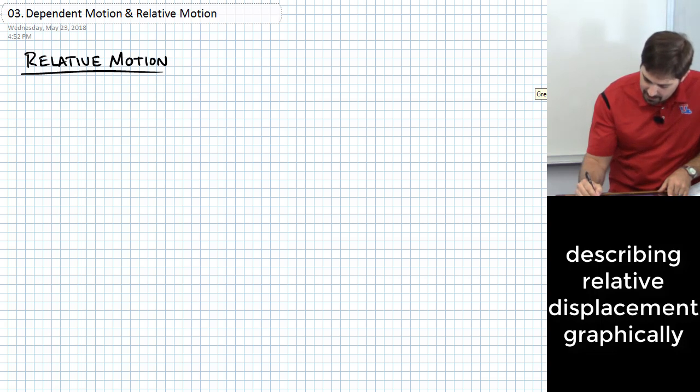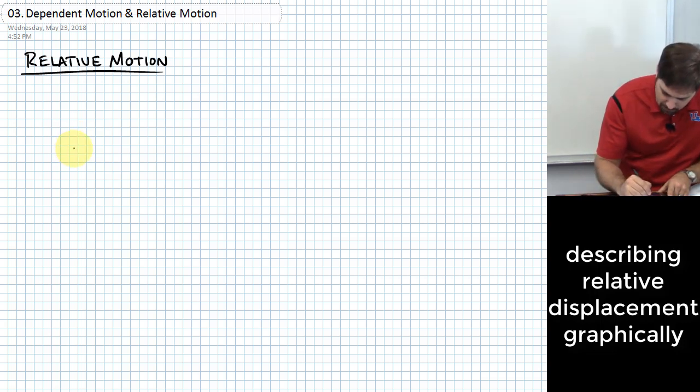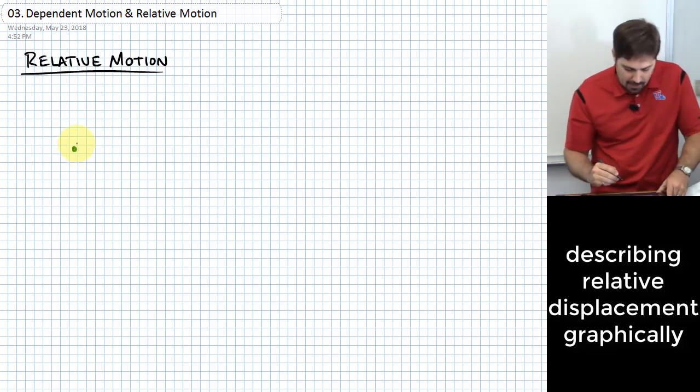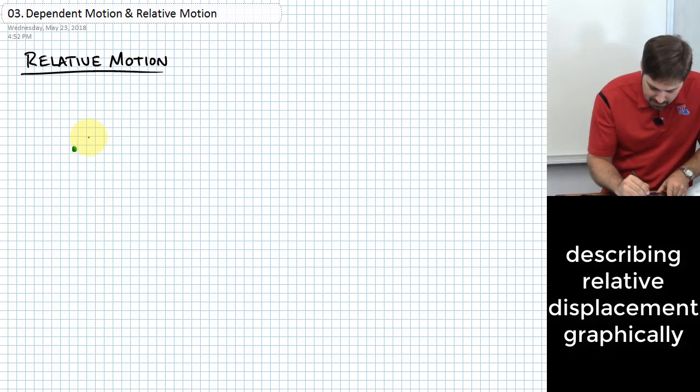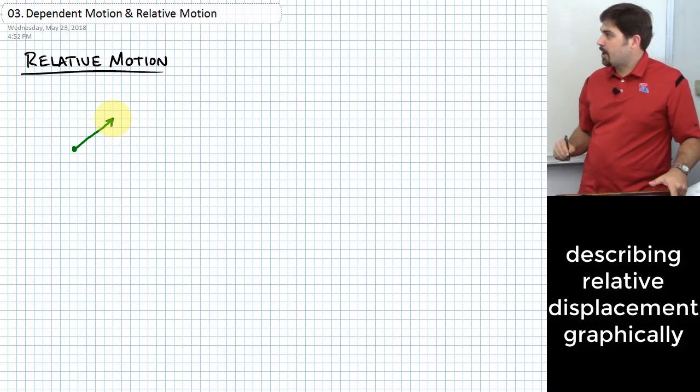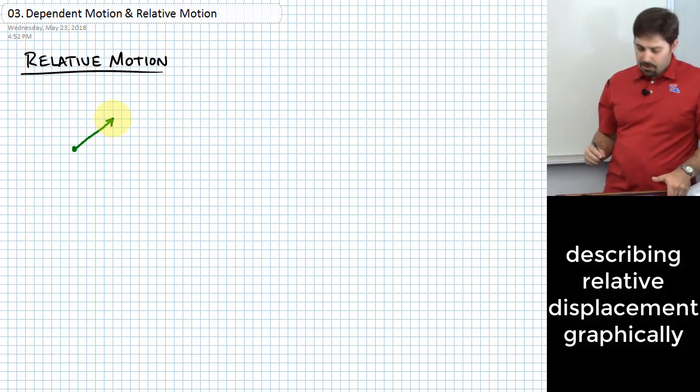Okay, so let's say that I have a particle that's in one position here, and this particle might move through some, I'll use a little vector here that describes a motion of that particle.